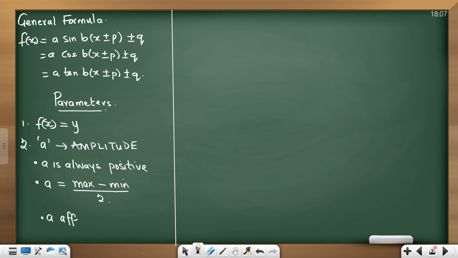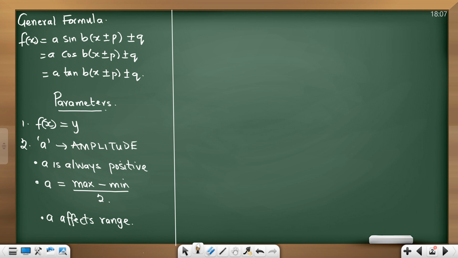A affects the range. So please, I'm going to try to do this in a general way, putting everything together in formulas for you. You just need to know it and substitute where applicable. A is always what? Positive. Top minus bottom divided by 2. A affects what? Range.